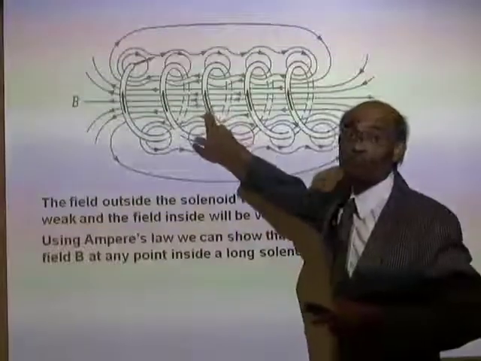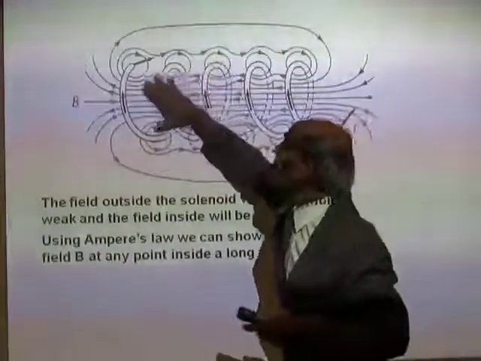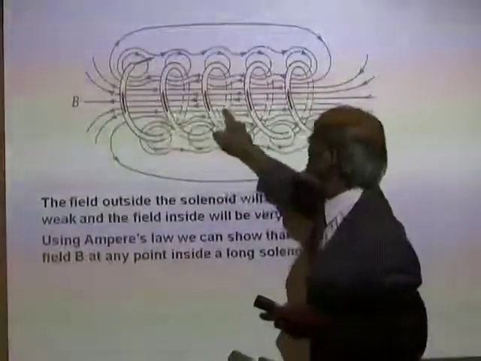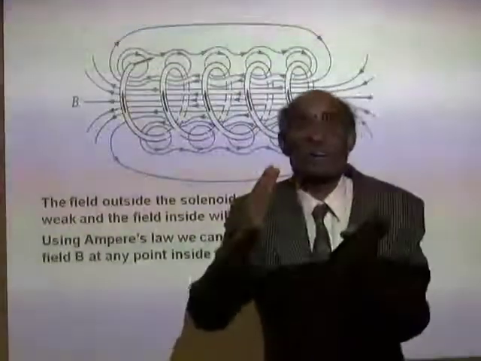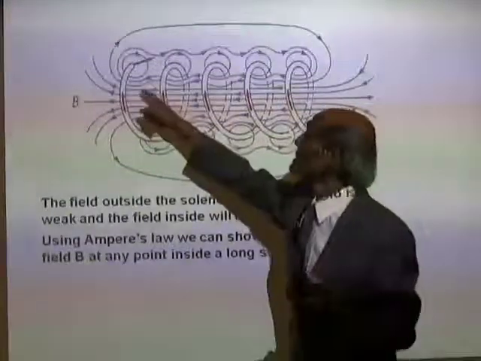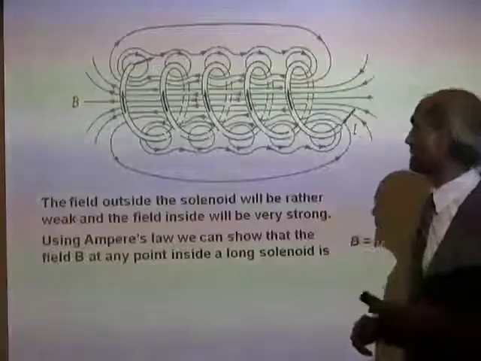I want you to watch the field lines inside. What can you say about the magnetic field inside the solenoid? All the field lines are parallel. That means the field inside the solenoid is a uniform field. It's constant anywhere. And outside it is very weak.